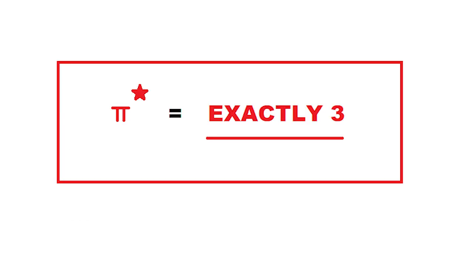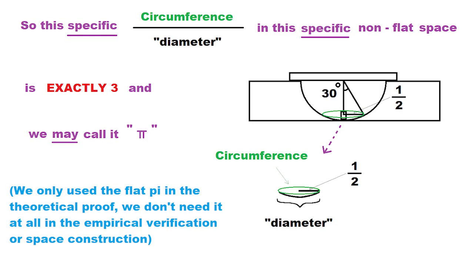So pi star is exactly 3, not 3.14 or any approximation close to that. So now we've shown a process that, hopefully, if I did my algebra and geometry correctly, should get us a circle with a circumference to quote-unquote diameter relationship exactly equal to 3 and not a number close to 3.14, but only in this very specifically constructed space.